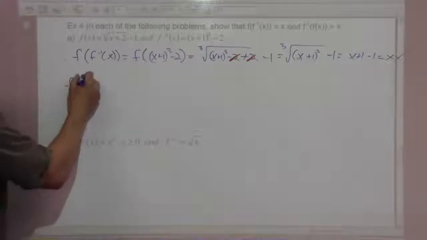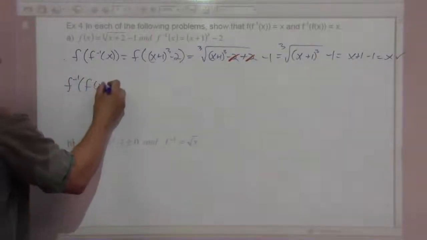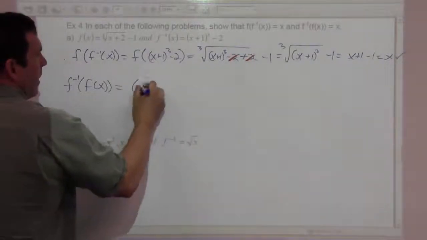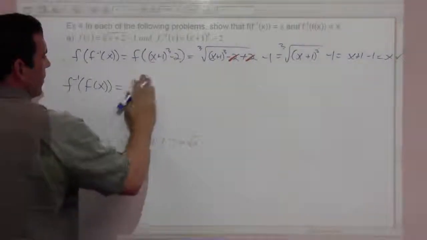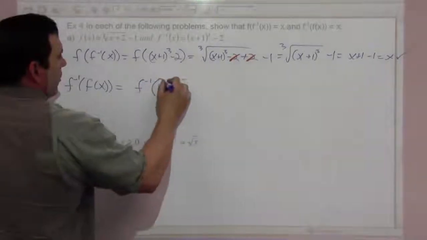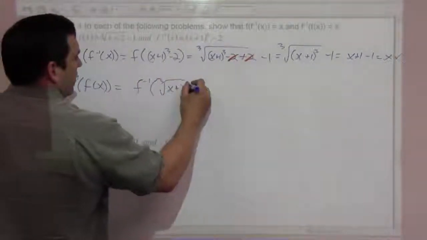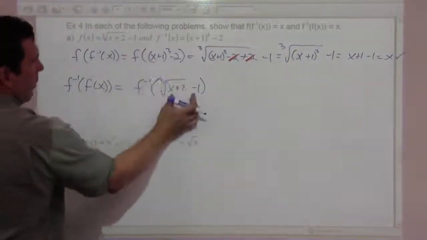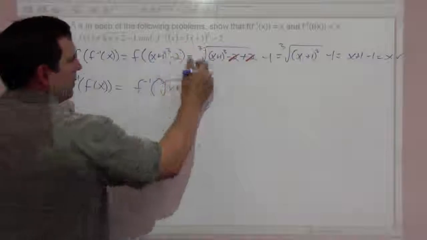Then f inverse of f of x is going to be, I'm sorry, f inverse of the cube root of x plus 2 minus 1. So all this is going to go in place of that x.